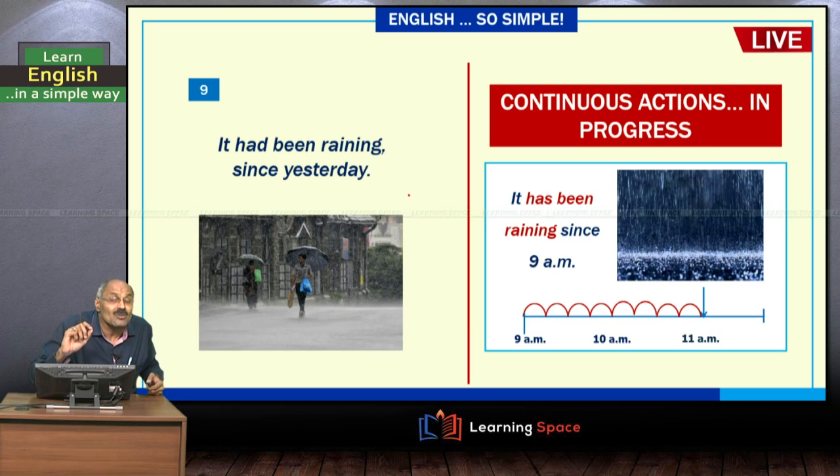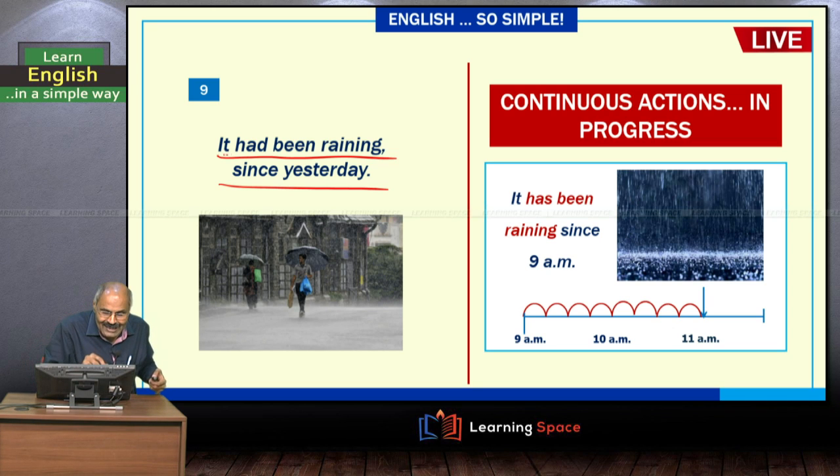Then, continuous actions in progress. You see, it had been raining since yesterday. It has not stopped; it is a continuous action going on. Under those circumstances, you have to go with present perfect continuous.